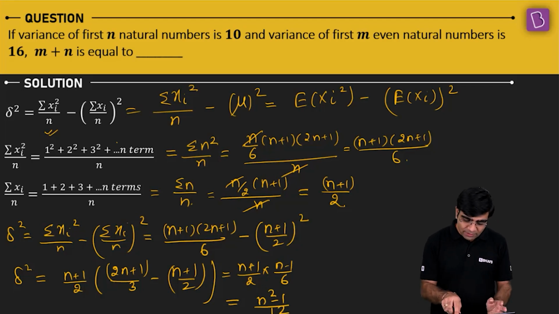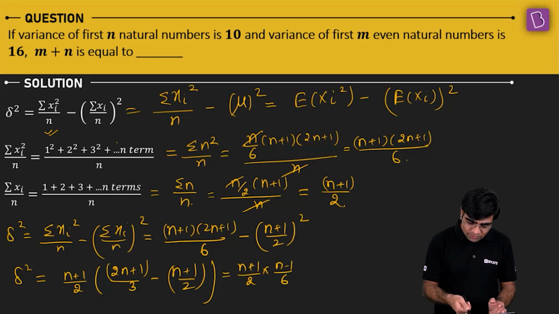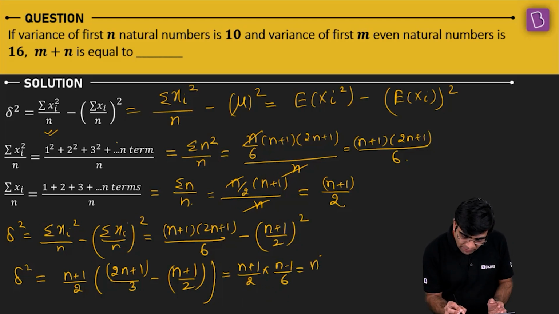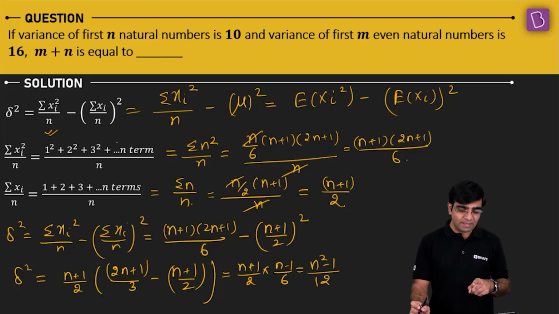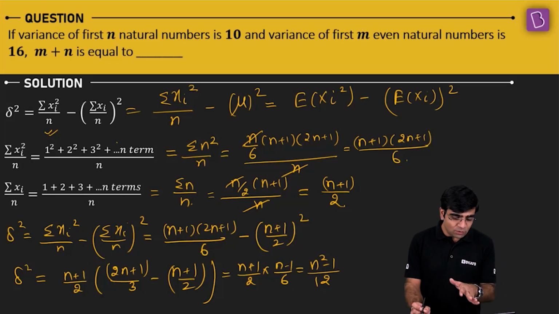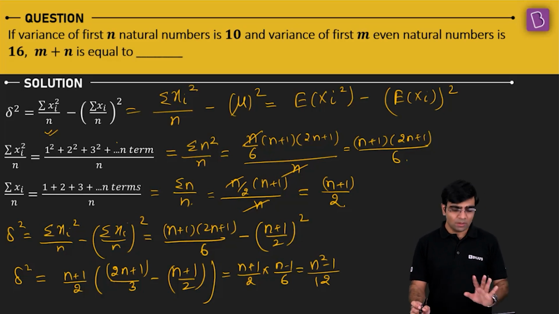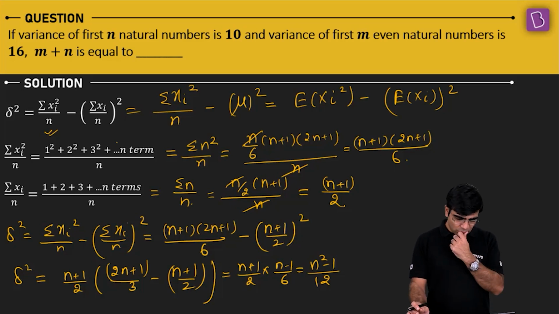Everyone understood this calculation? I want all of you to note this down. So this is n square minus 1 by 12. This is my delta square for the first n natural numbers, and this variance is given to me as 10. All right, understood this? Sure? Perfect. So this n square minus 1 by 12 is given to me as 10.